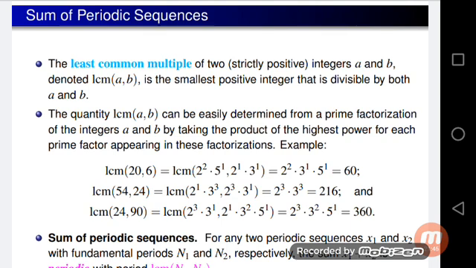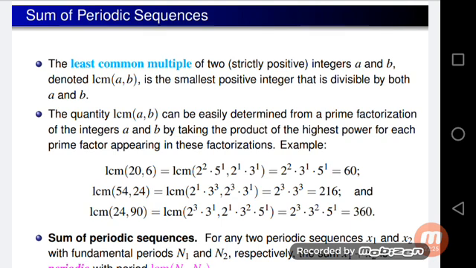The quantity LCM of a and b can be easily determined from a prime factorization of the integers a and b, by taking the product of the highest power for each prime factor appearing in these factorizations. Example: LCM of 20 and 6, that is 2 power 2, 5 power 1, 3 power 1, 2 power 1, equals 2 power 2 times 3 times 5, which is 60.